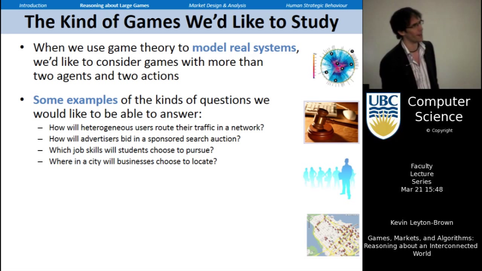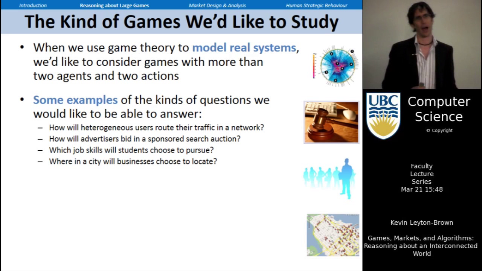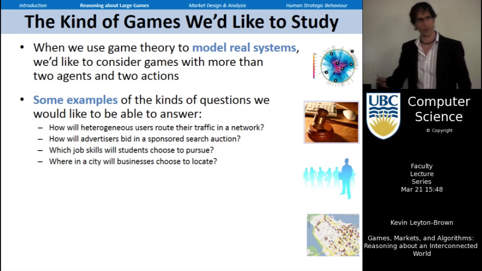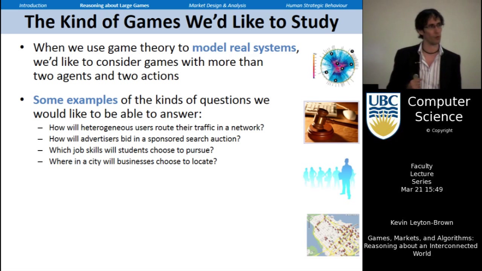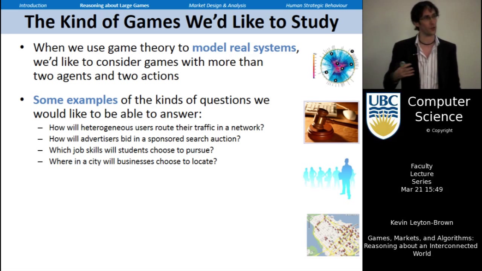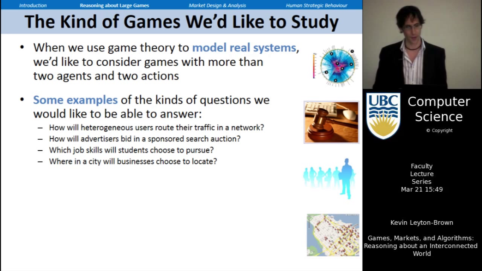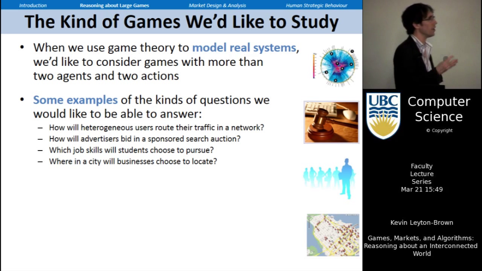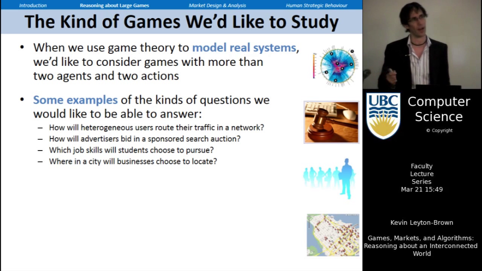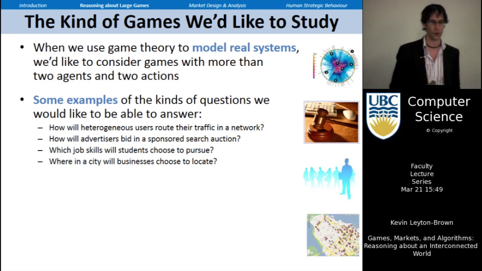But as much fun as it is to make it into Batman, we really would still like to use game theory to think about the real world, to think about real systems. And real systems do involve a lot more than just two agents and two actions. So for example, I would like to be able to use game theory to think about questions like, how will users with different demands on a network choose to route their traffic?